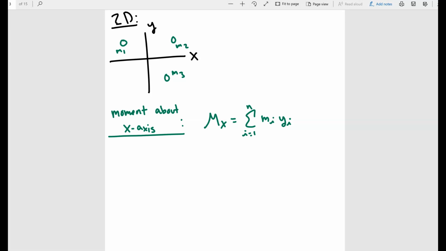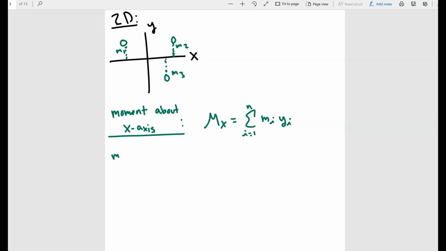So if you're looking at the x-axis and looking at all these masses, notice that all the vertical distances represent the y. So it would make sense that there should be the y component there.